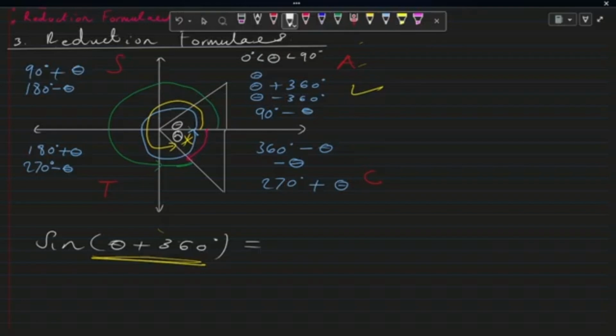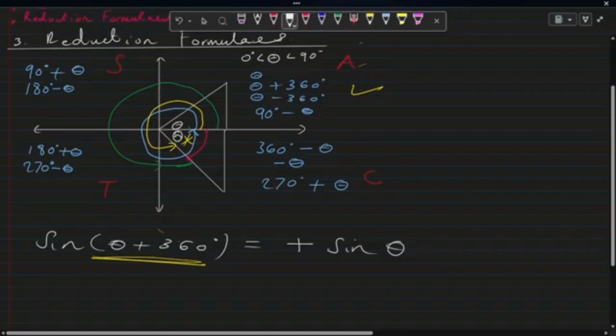Okay, we see that it is in our first quadrant. Okay, and then we know that in the first quadrant sine is positive. So as a result of that, we say that this is equal to positive sine theta. Okay, so this is how we simplify these things.